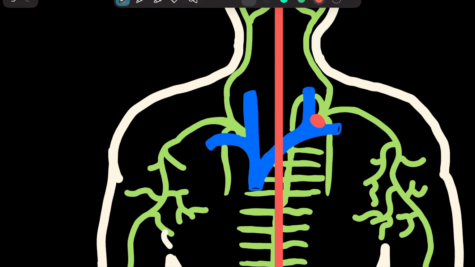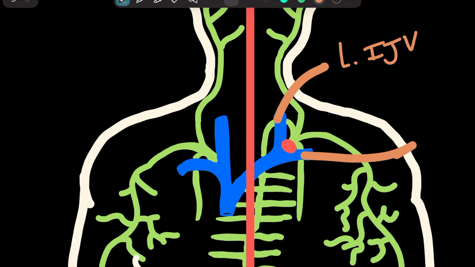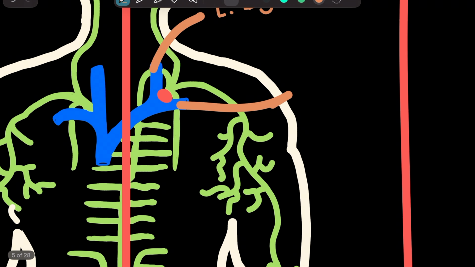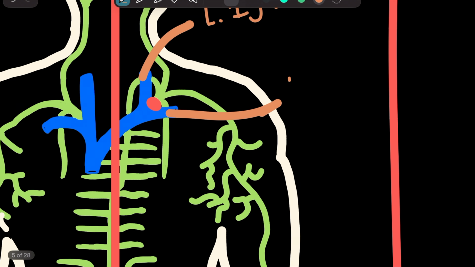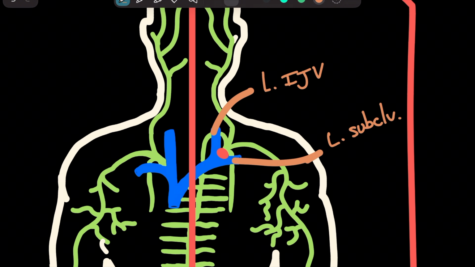So this is the junction of the left internal jugular vein and the left subclavian vein. Where those two veins meet, we call that the venous angle.